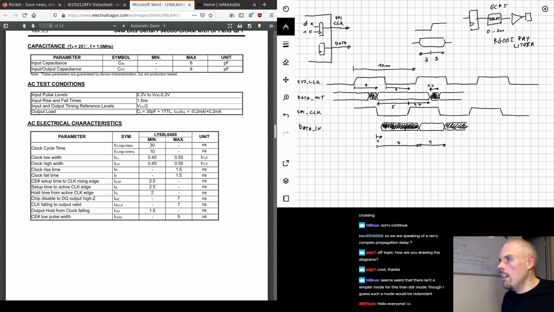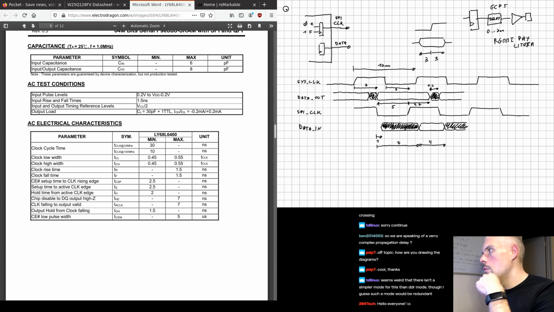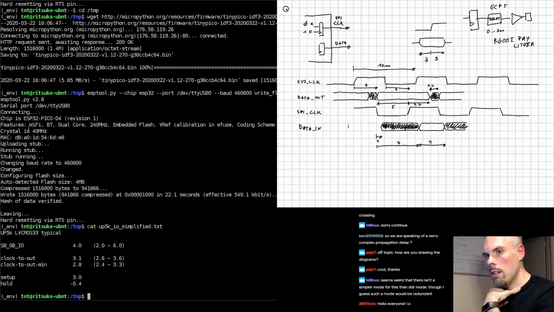So out of our 10 nanosecond clock period, we have a data valid window of 4 nanoseconds, and we need to somehow fit. If we look back at our little cheat sheet here, we have a setup time of 3 nanoseconds.